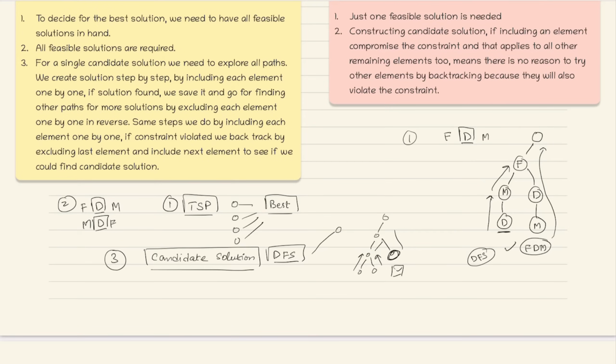Now the second point: when we are constructing a candidate solution, if including an element compromises the constraint, and that applies to all of the remaining elements too, there is no reason to try other elements by backtracking because they will also violate the constraint.